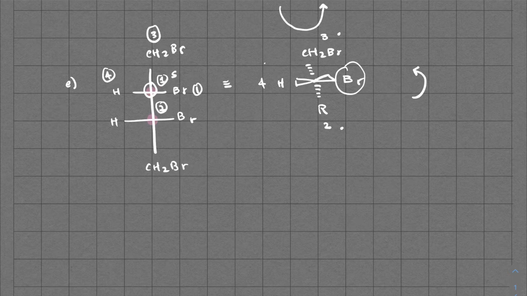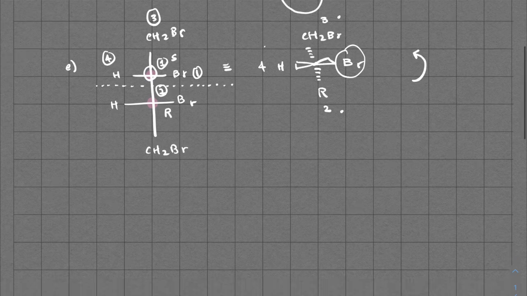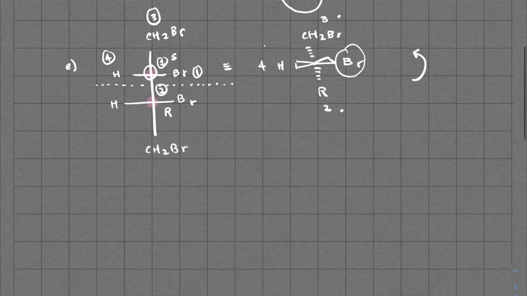And right away, you can tell that this is actually a meso compound, meaning that this segment and this segment are mirror images of each other. So right away, you can deduce that this carbon is the R configuration, but we can just double check.